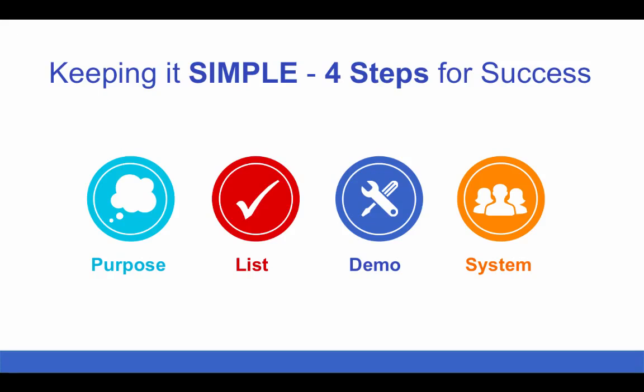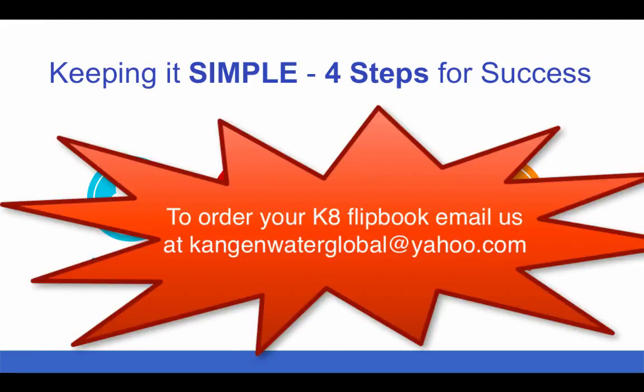All the system really is for you to be able to plug in and let the system take you to the top. Okay, so those are the 4 things we do. We keep it simple, and get back to the person who sent you this video. They can show you everything you need to be able to succeed with this amazing product and this amazing company.